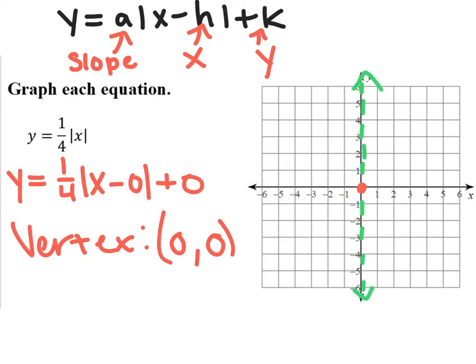Next, we're going to use the slope to graph the right side. So our slope in this equation is the 1/4 because it's outside the absolute value. So I can graph my next point. I'm going to go up 1 and over 4 to the right and draw in my line.